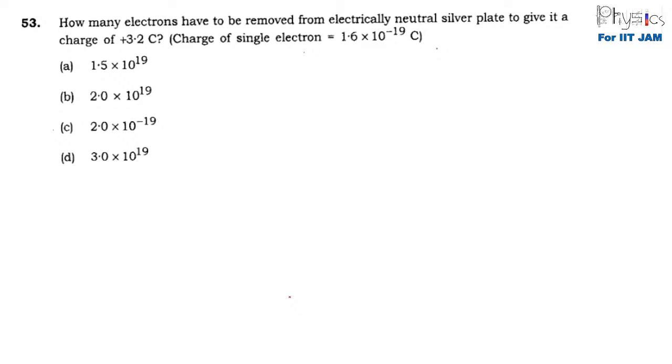Which we know. So the options are: A, 1.5 into 10 to the power 19. Option B is 2.0 into 10 to the power 19. Option C is 2.0 into 10 to the power minus 19. Option D is 3.0 into 10 to the power 19. So tell me which is the correct answer for this question.